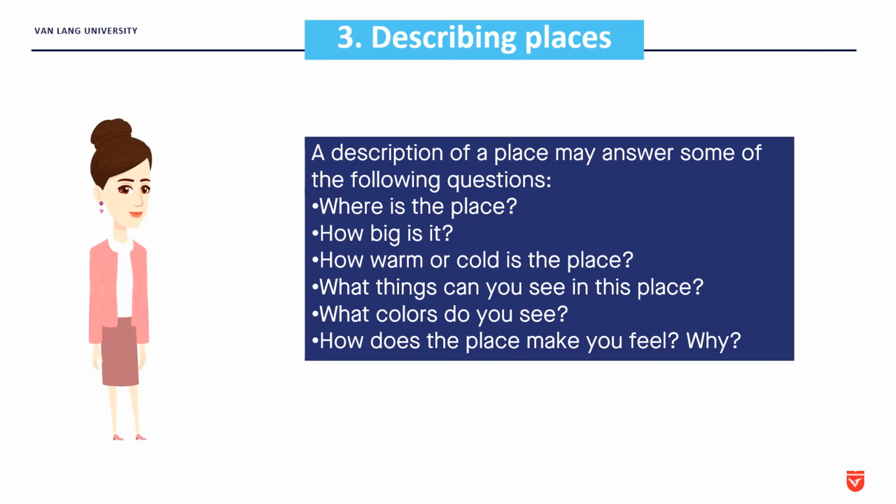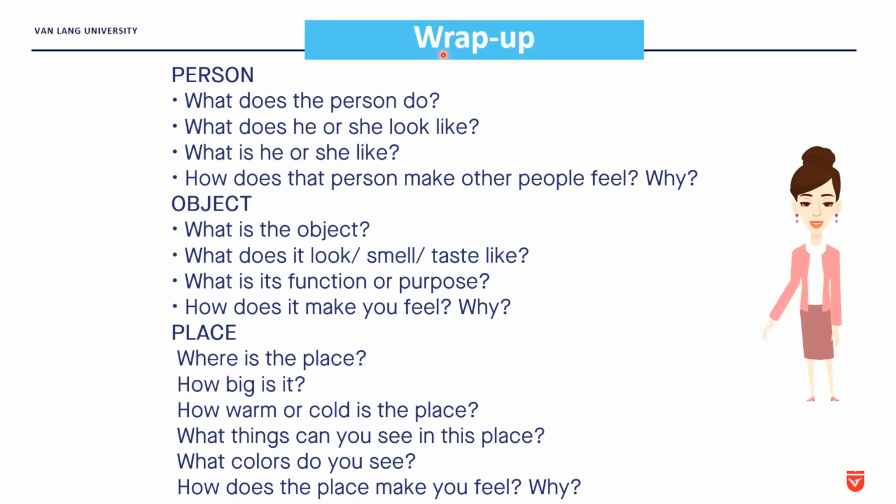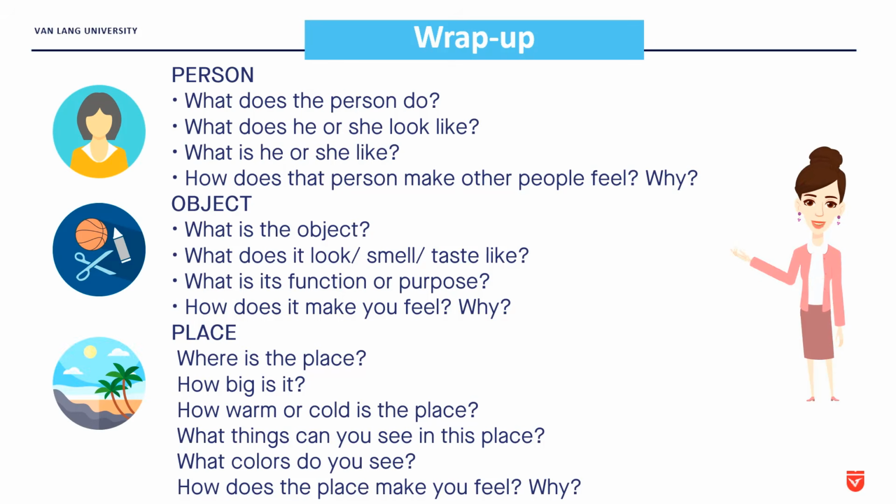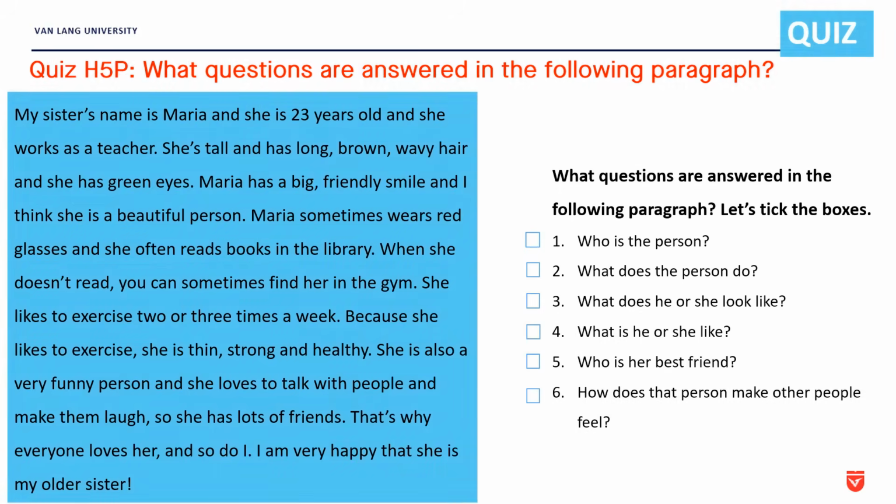Let's review all the questions that can guide you to describe a person, an object, or a place better before we do a small practice. To help you understand how a paragraph can be made by answering the guided questions, let's analyze this paragraph.